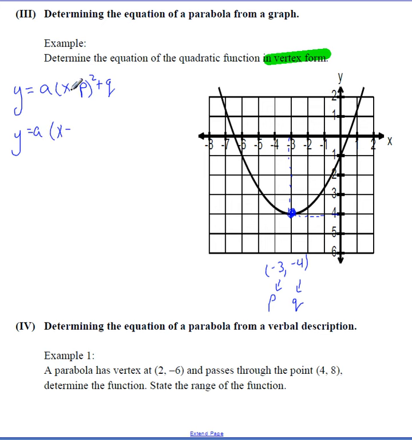So x subtract was already here. P-value is -3, squared plus q, and q is -4. So y equals a times (x + 3) squared, plus, well, I can leave the plus and just say subtract 4.